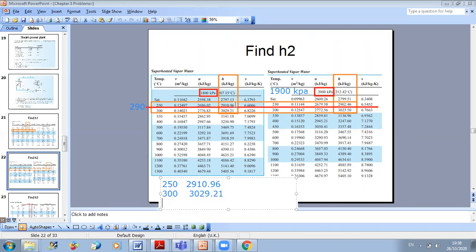I want to find the corresponding value for 290. Since I'm doing a linear interpolation, I have a constant slope, so I can write that, for example, 290 minus 250, and let me put brackets.